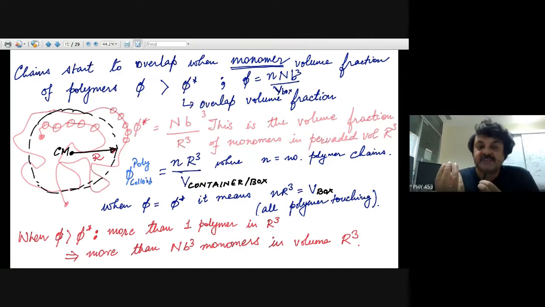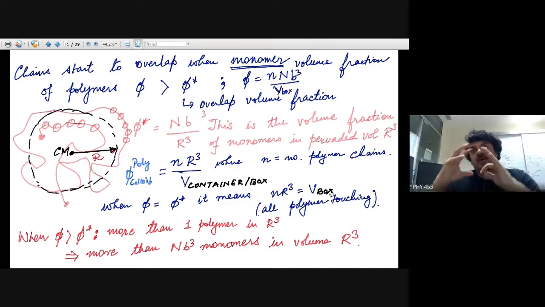If that becomes equal, that means that basically all the polymer chains are touching each other, and it has become space filling. So if R cubed is the pervaded volume and n is the number of polymer chains, then n times R cubed would become equal to V box.